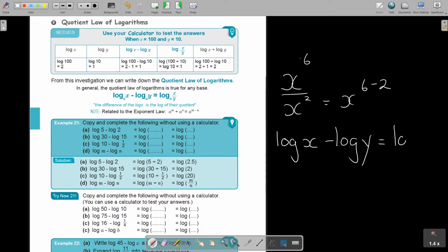And again with the division it's only 1 word, and it's just x over y, but with the subtraction there are 2 words. Are you with me what I mean with the words? So it's not equal to log x divided by log y. No. So with the subtraction 2 words, but with the division just 1 word. That's the next rule.